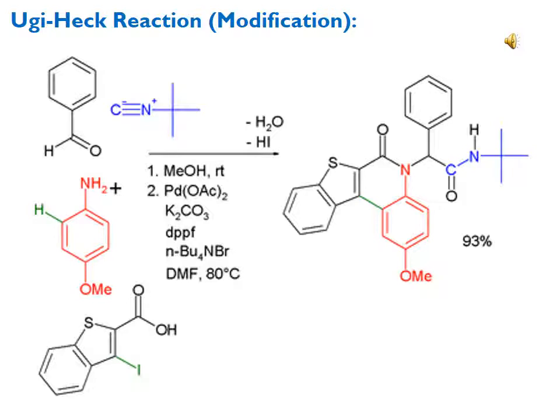If you see the product, the main change from the Ugi product is that here you can see a hydrogen with a green color, an aromatic bond of this benzene ring, and at the same time another green colored bond of iodine in the carboxylic acid moiety on the reactant side. So after the formation of the Ugi product, the next step was the removal of HI from the product of the Ugi reaction, and then we get this cyclized product.